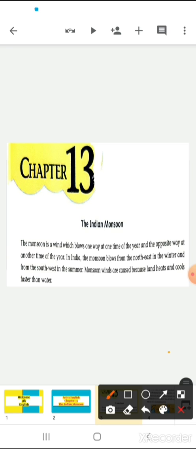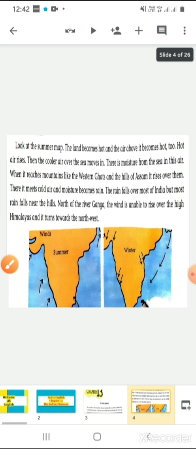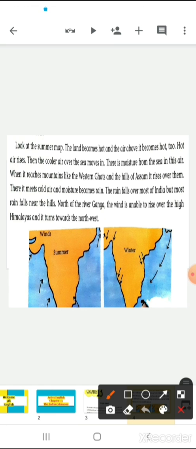Monsoon winds are caused because land heats and cools faster than water. Look at the map. Look at the summer map.